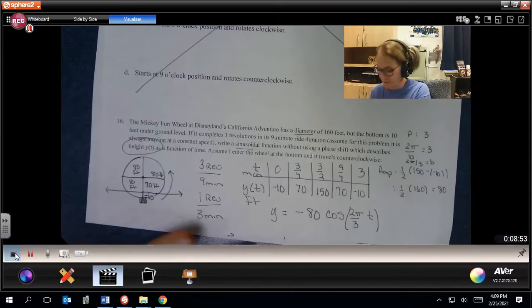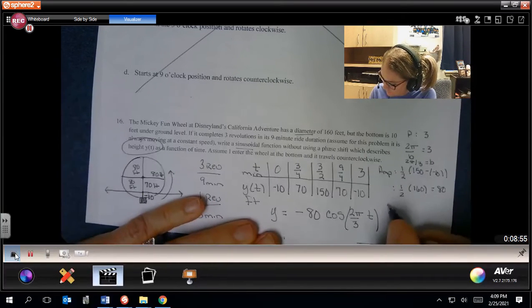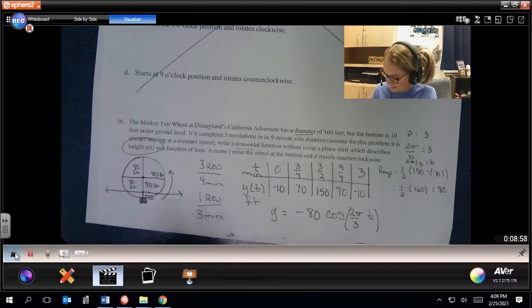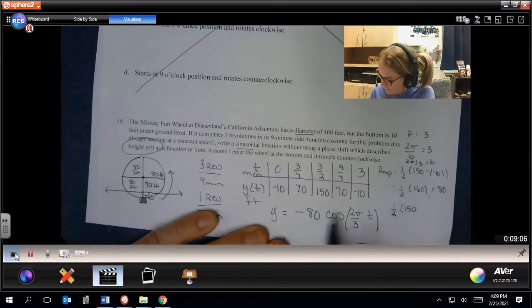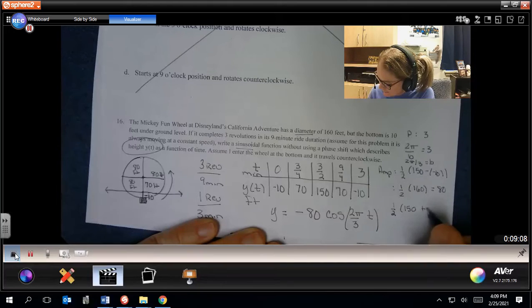Okay. And then the last thing we have is a vertical shift here. And so to get that, we're going to figure out that D value. We're going to do 1/2 the max plus the min. Officially, this is how you do this vertical shift, this D value.